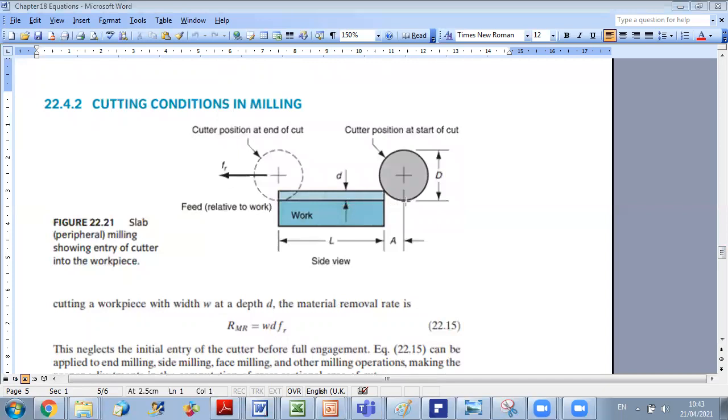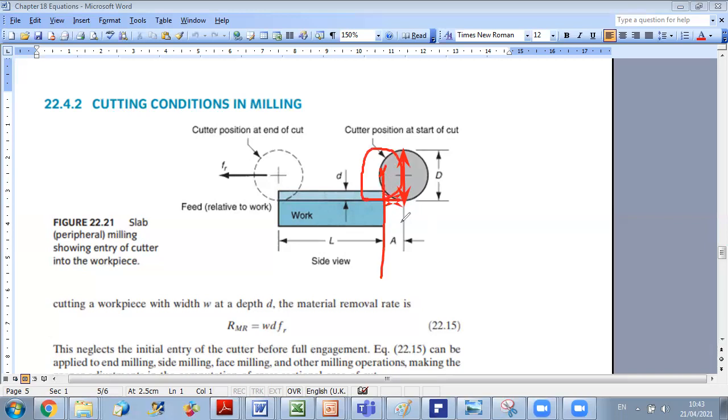Because in order to have a milling operation, the center position should be just at the beginning of your work part. So the actual position where you can consider that the milling operation starts is where the center of your cutter is just above the start of the work part.